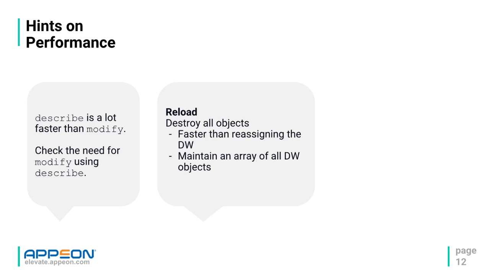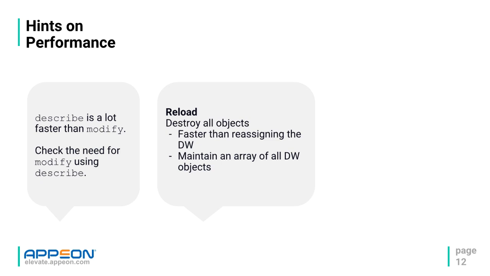Reload. In my first calendar version, I just reassigned the data window, just set data window.dataobject equals empty string, and then reassigned it. So everything is deleted, and then I can start from scratch. But that's pretty slow. It's way faster if you just destroy all your elements and then create them again.